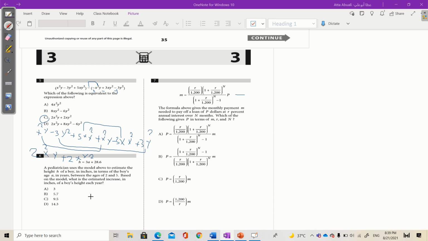If I substitute, for example, 2 for A, that means h is equal to 3 times 2 plus 28.6. This becomes 6, and then 34.6.